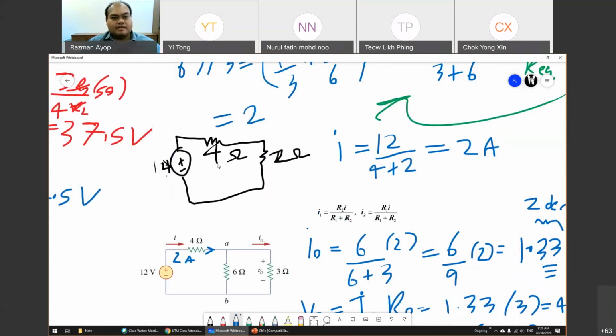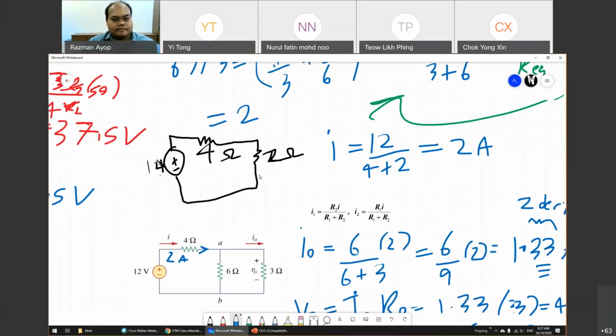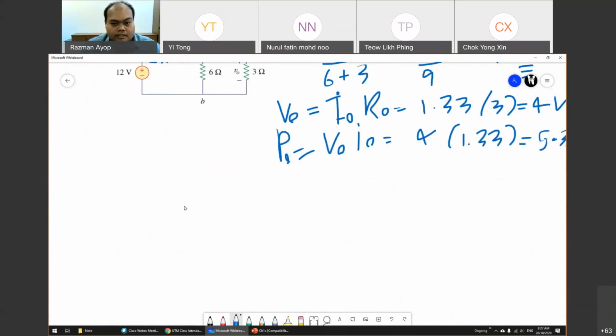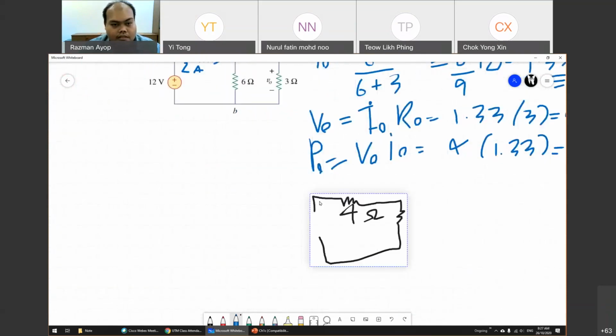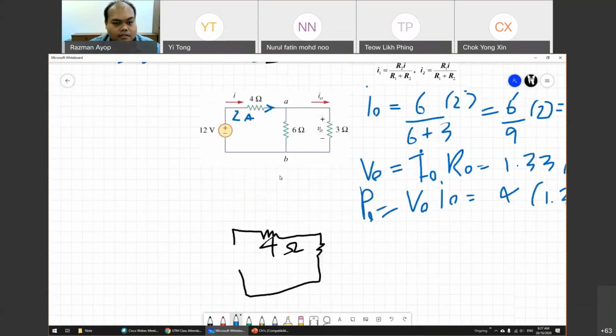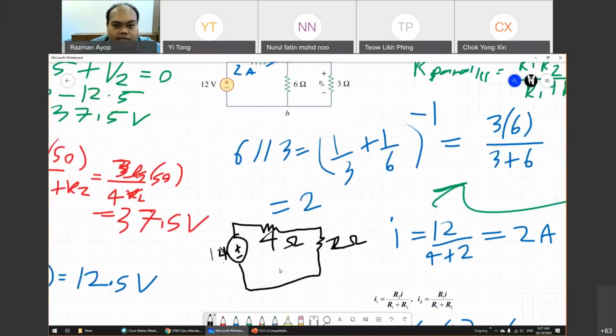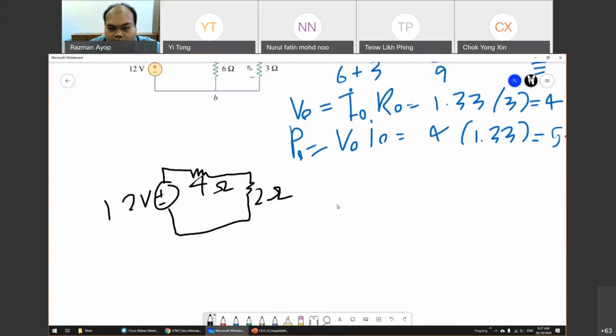For example here, this is another way you can use it. Plus minus 12 volt, this one is 2 ohm, because after you simplify this, you get 2 ohm. You can use the voltage division rule.